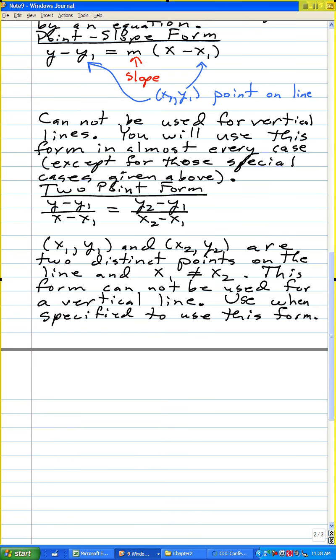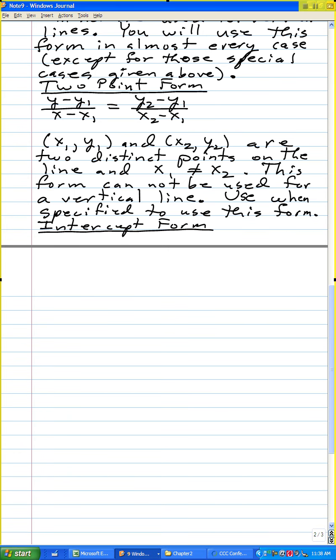Next, the intercept form for the equation of a line. The intercept form is x over a plus y over b equals 1.